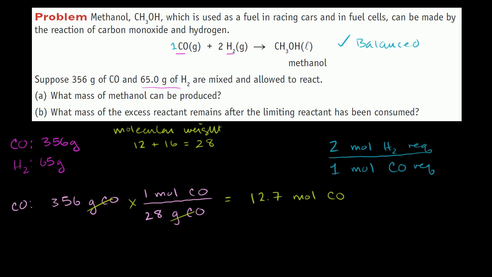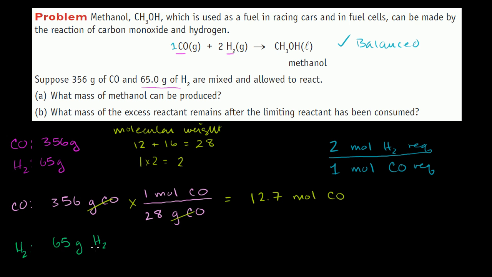Now let's do the same thing for the hydrogen. We have 65 grams of molecular hydrogen. What's the molecular weight of hydrogen? Each hydrogen atom has a molecular weight of 1, times 2, which is equal to 2.